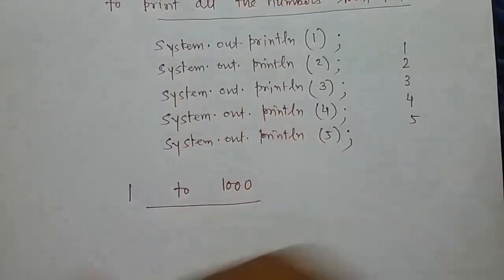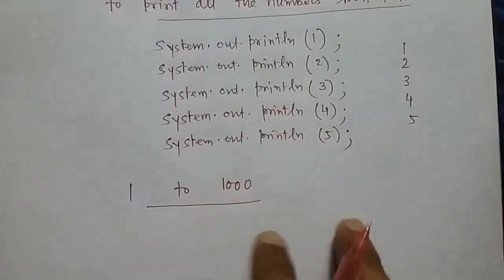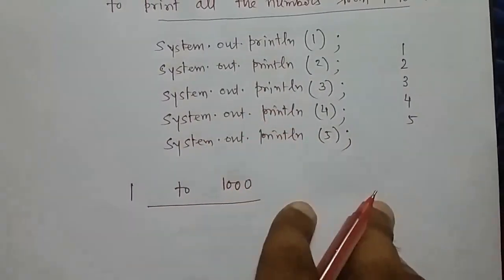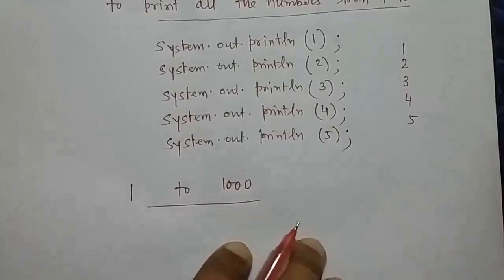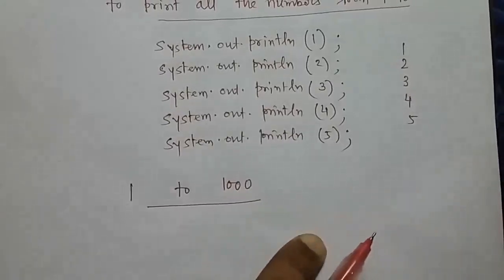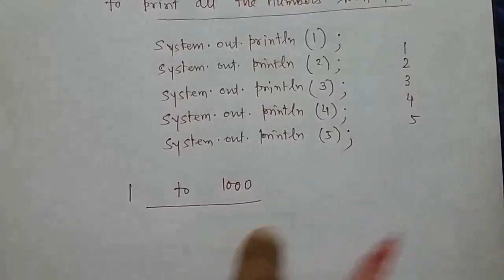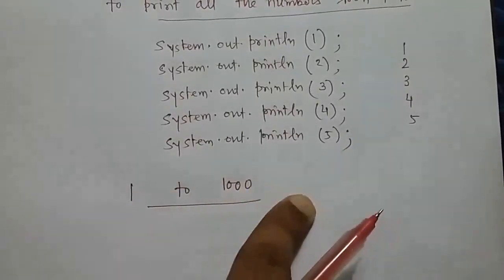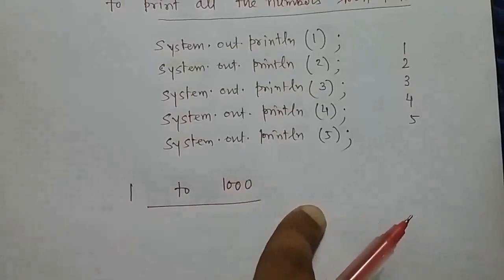So in this regard, we need a concept that will instruct the computer to perform the repetition of a particular task, so that all the natural numbers from 1 to 1000 can be printed.